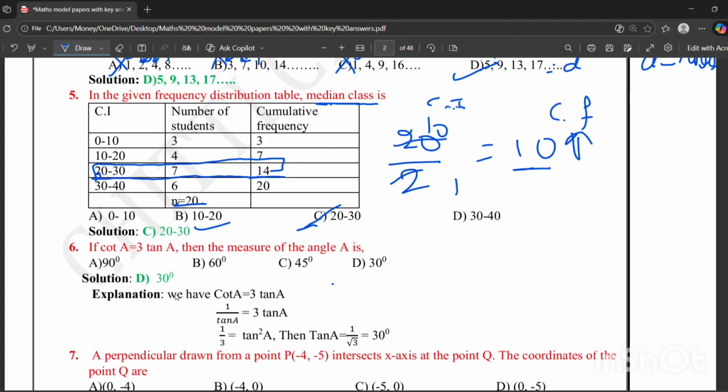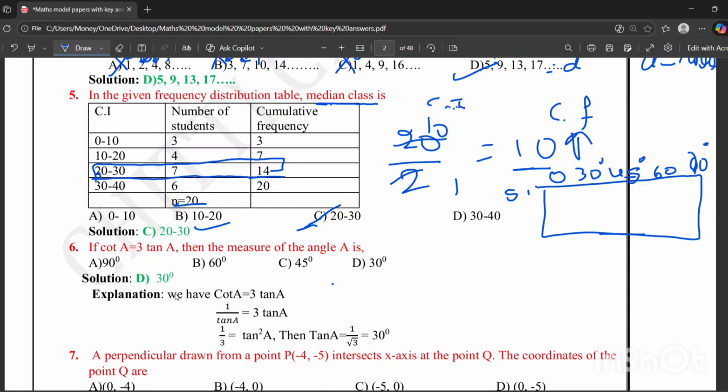Next, sixth question. If cot A equals 3 tan A, then find the measure of angle A. So if you want to solve this question, you need to know the table. Here for 0 degree, 30 degree, 45 degree, 60 degree, 90 degree.